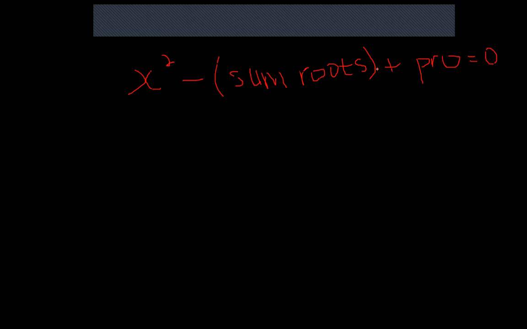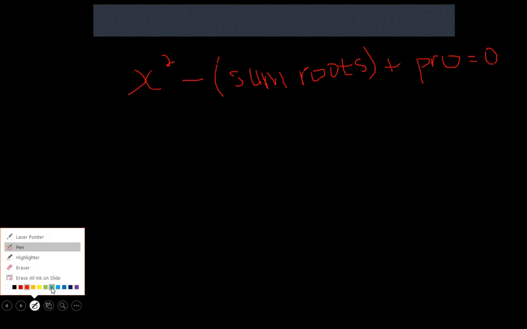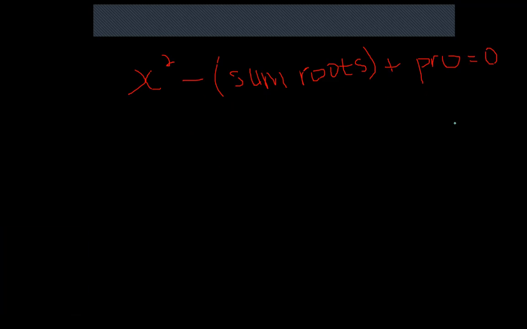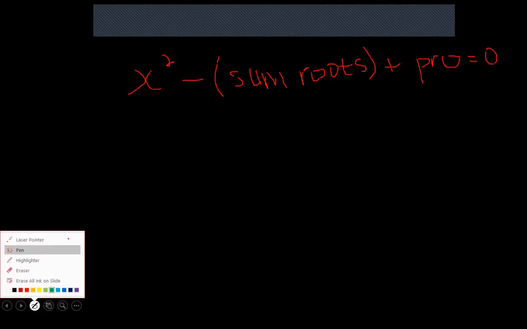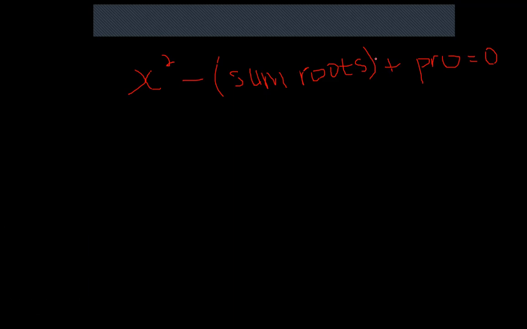But let me prove that to you. I can actually prove to you that this is correct. Hold on. Why do I keep forgetting this x? It's x, right? Just keep this in mind.